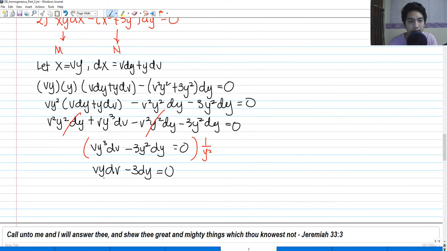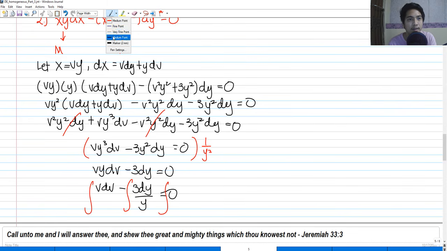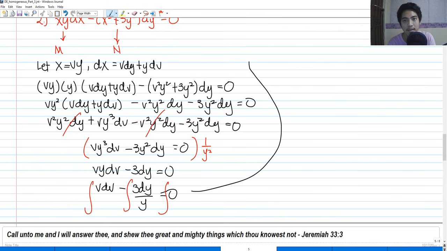Okay, this now is separable, variable separable. So I want all terms of v on this side and all terms of y on this side. So I have v dv minus 3 dy all over y equals 0. So we are now ready to integrate the differential equation for us to get the solution.